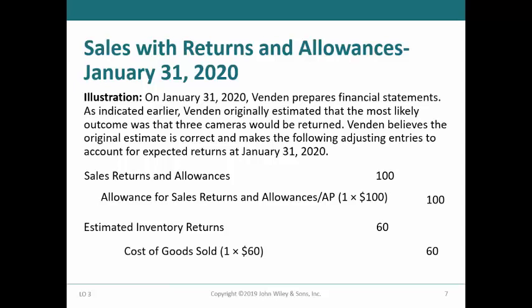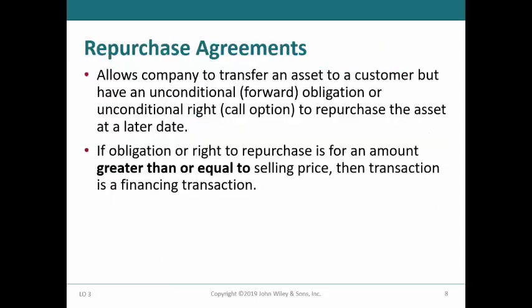The allowance for sales returns and allowances is a contra account to accounts receivable that is used to reduce accounts receivable for estimated returns.